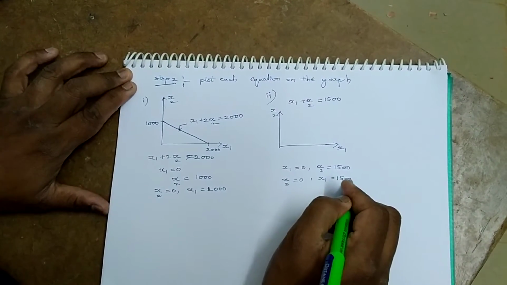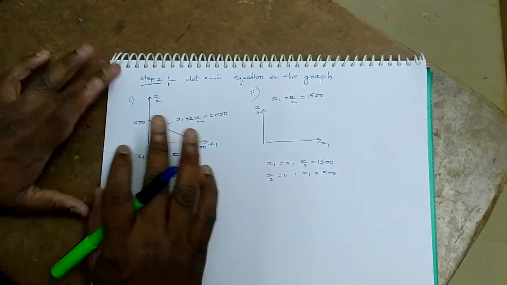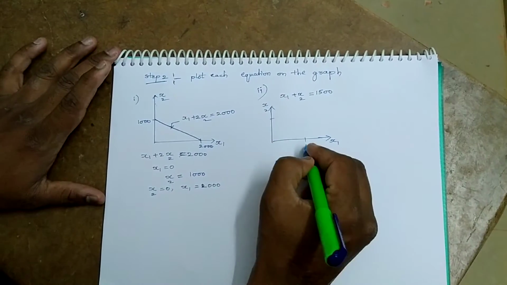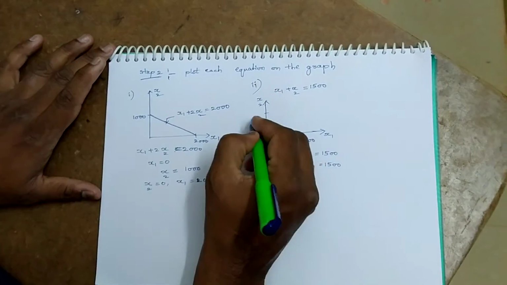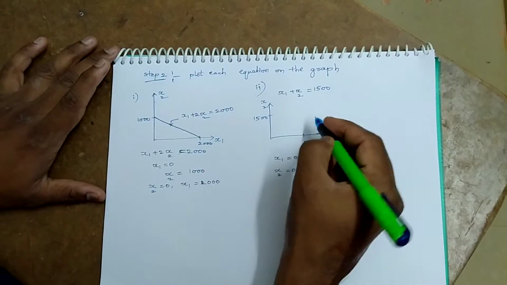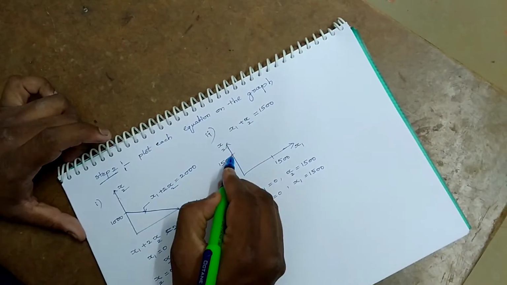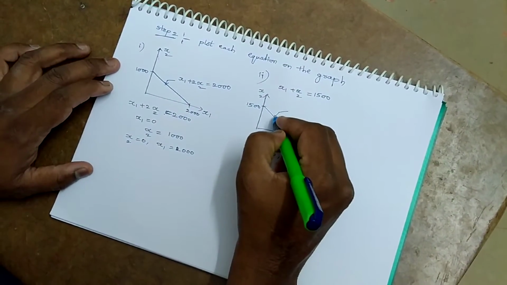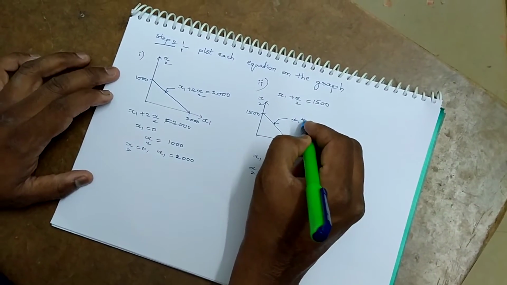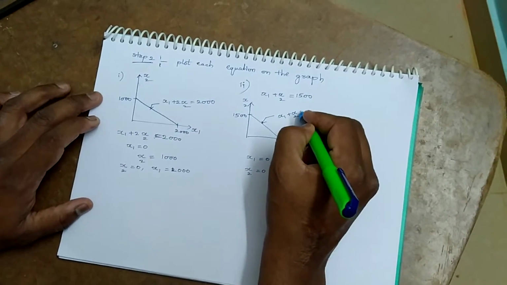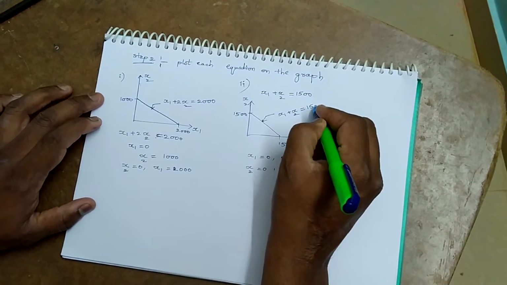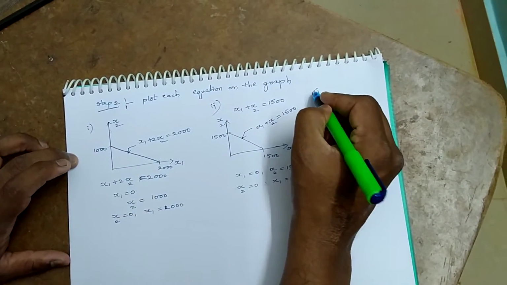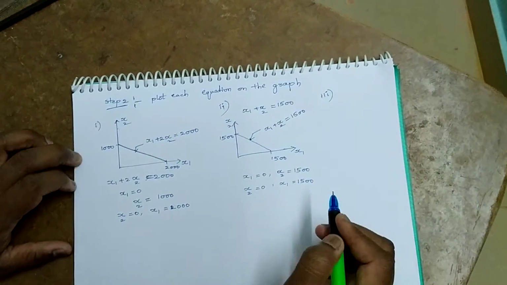So this is a linear problem. X1 and X2 both are the same. Assume this is 1500 and this is 1500, and join them. Accordingly, this line corresponds to X1 plus X2 is equal to 1500. And third, I am going to plot the third line on the graph.